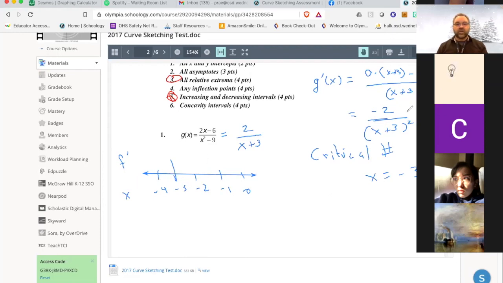Okay, well, f prime of x, we notice that the numerator is -2, right? And look, the denominator is x plus 3 quantity squared. It's positive all the time because it's squared. So, oh, look at that. This function is decreasing for the entire interval, -∞ to -3 and -3 to infinity.